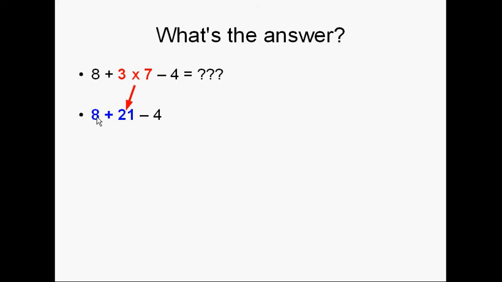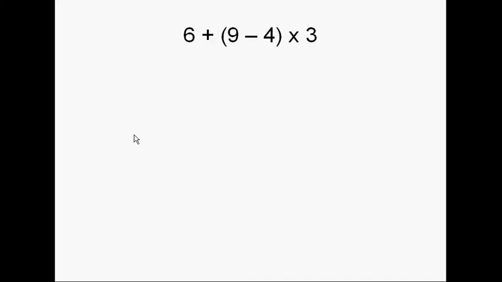It just so happens the addition comes first here. So I've highlighted that in blue. I'm going to work it out. 8 plus 21 is 29. And 29 minus 4 is not 23. That's a typo. We know that's supposed to be 25. So sue me.